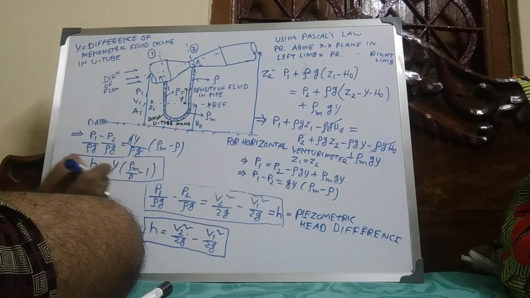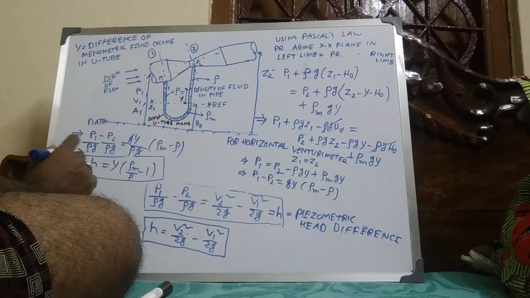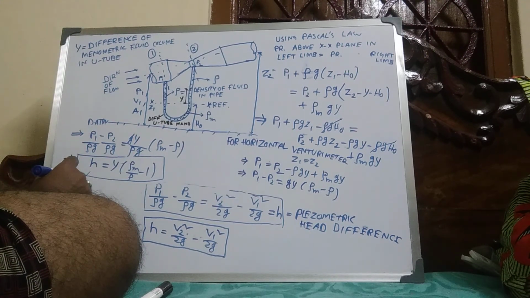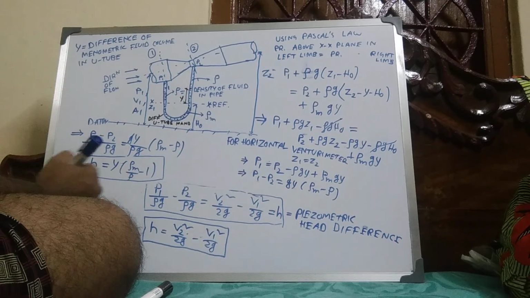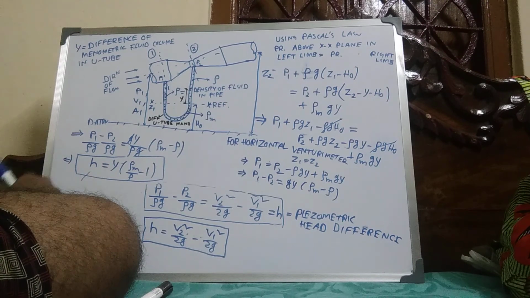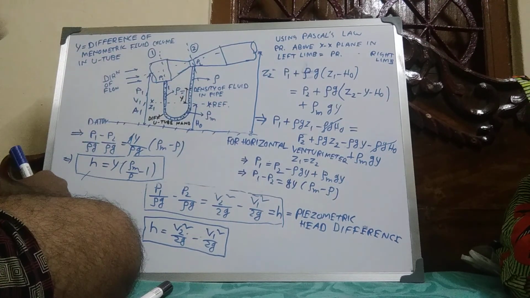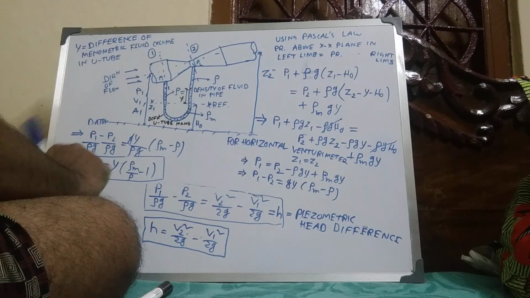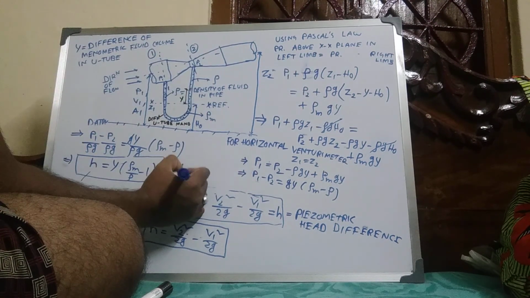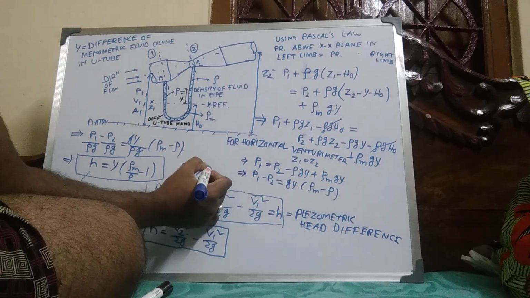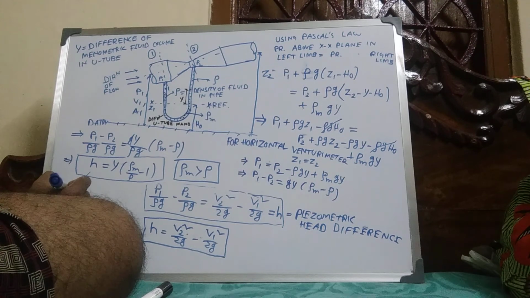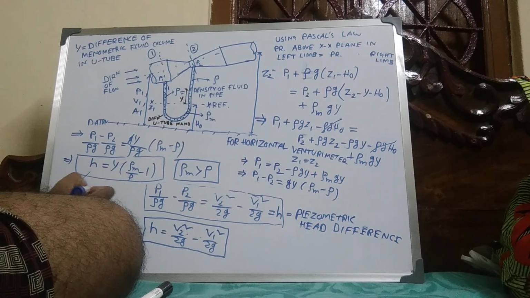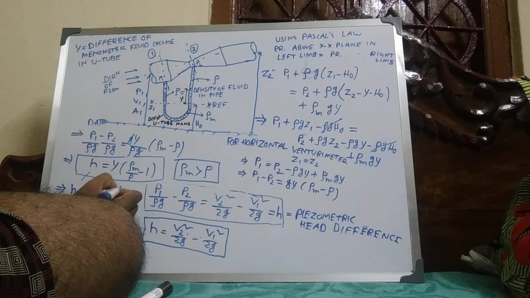This is another equation where h is the piezometric head difference, and y is the difference of the manometric fluid column, where rho m is greater than rho.